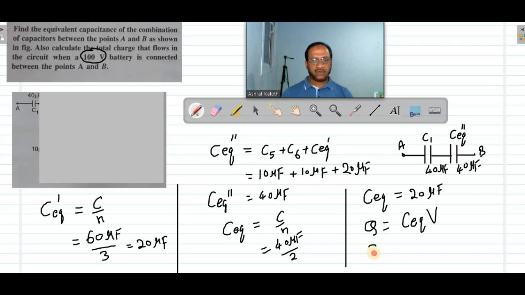So charge Q is equal to C equivalent, 20 microfarad, that is 20 into 10 raised to minus 6 farad, into 100 volt. The two zeros and the minus 6 and plus 2 we can combine. So finally the answer is 2 into 10 raised to minus 3 coulomb. The full network's total charge will be 2 into 10 raised to minus 3 coulomb.